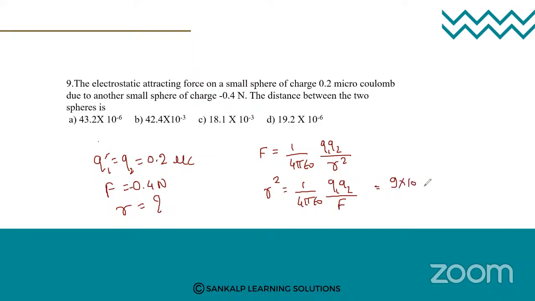It is 9 into 10 to the power of 9 into this charge 0.2 into 0.2 into microcoulomb. Micro, everyone knows, is 10 raised to minus 6. So two charges together make 10 raised to minus 12, divided by the F value. What is the force? It is minus 0.4 Newton.